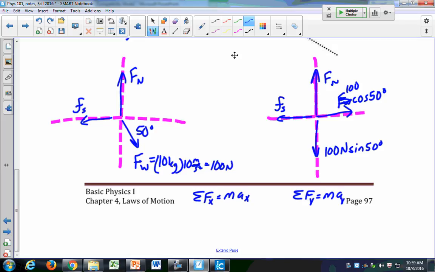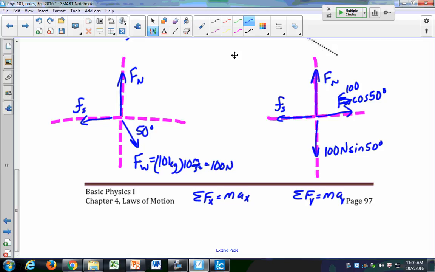F equals ma, but I make it a little more complicated because I make sure I know that this is a vector sum, that it's the net force, so I write that little summation, and then I'll also write these subscripts for x and y, because I know that Newton's second law applies in the x direction, and separately it applies in the y direction, but not together. The x and y components are completely separate from one another. So I write them as two different and distinct equations.